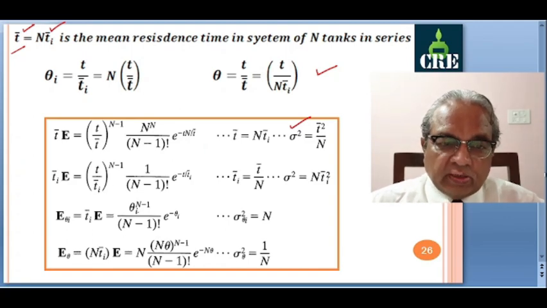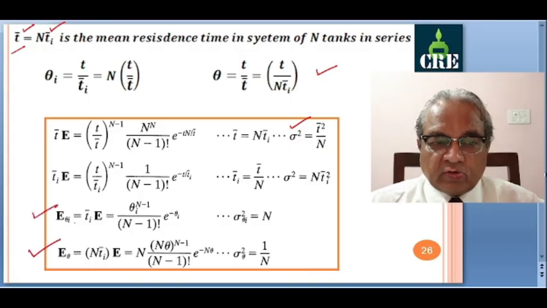Same thing is written for this in terms of dimensionless variables. E theta i, okay, and E theta. This is for single individual systems. So you can have E theta 1, E theta 2 and so on. And this is for total system of n tanks in series. So this we have already discussed. This is just reproduced from there.